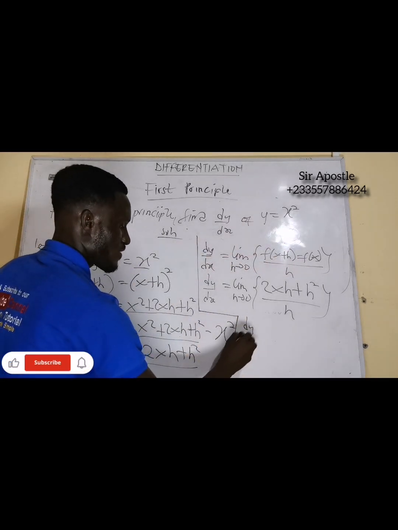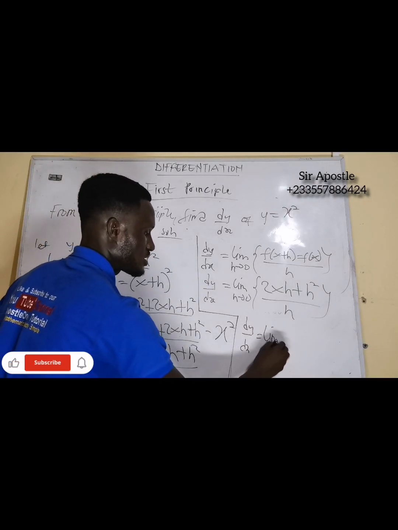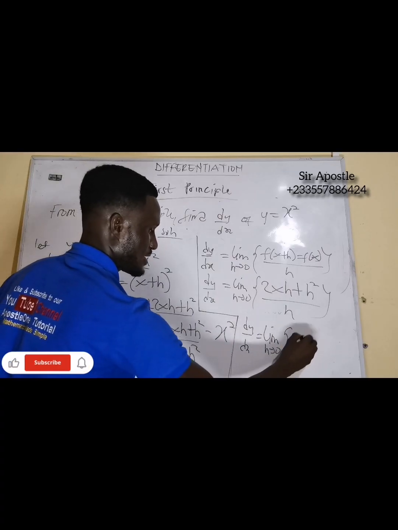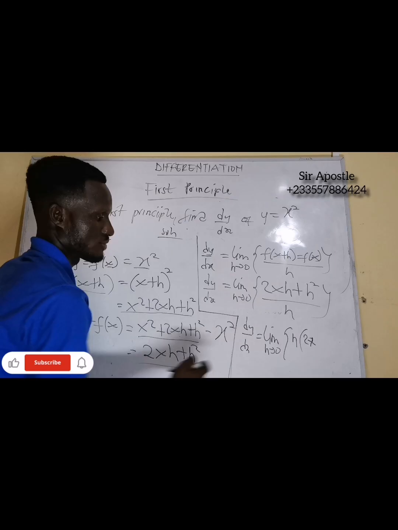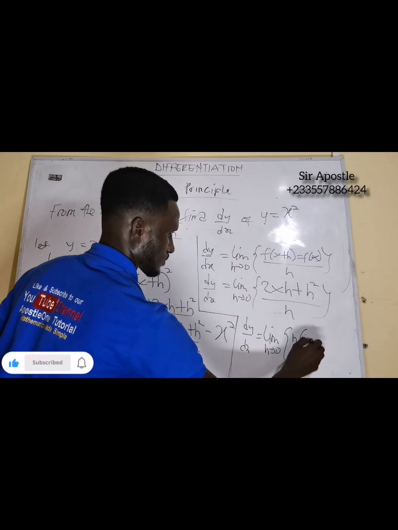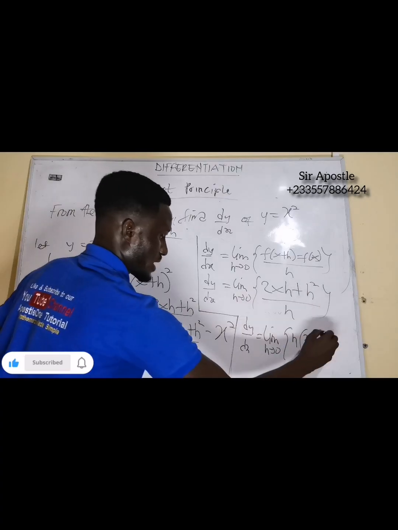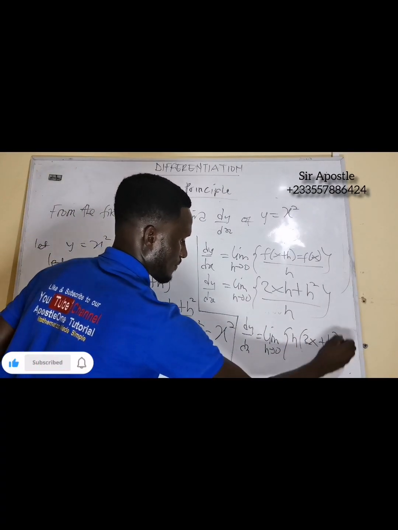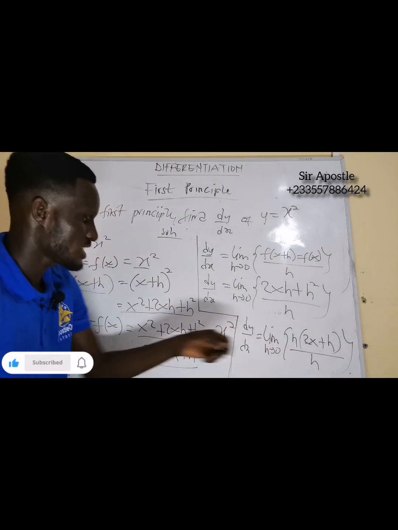So dy over dx is equal to the limit as h approaches 0. Let's factorize h out: h times 2x plus h, all divided by h. This h will cancel this particular h.